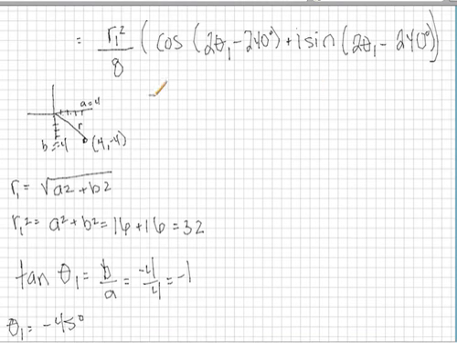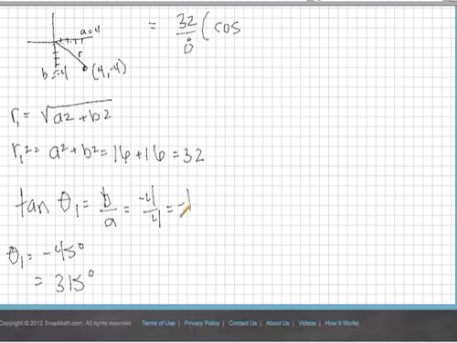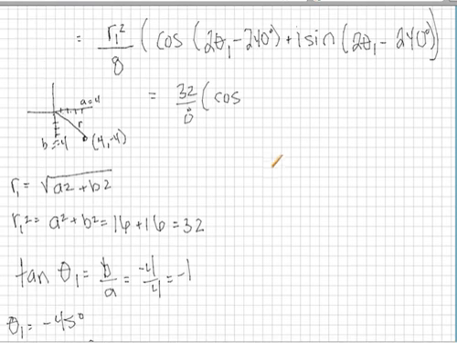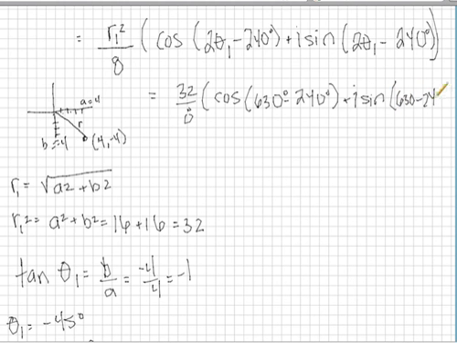So what I have here is 32 over 8 times cosine of 2 times theta 1. 2 times theta 1 would be 630 minus 240, plus i sine of 630 minus 240, and those are both degrees, of course.